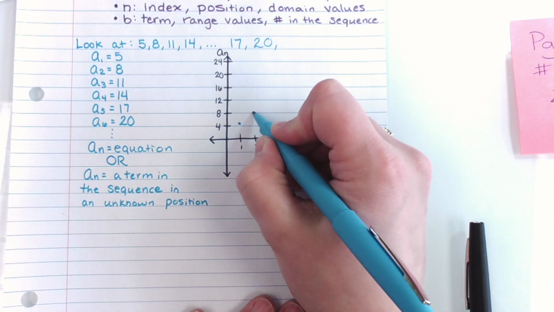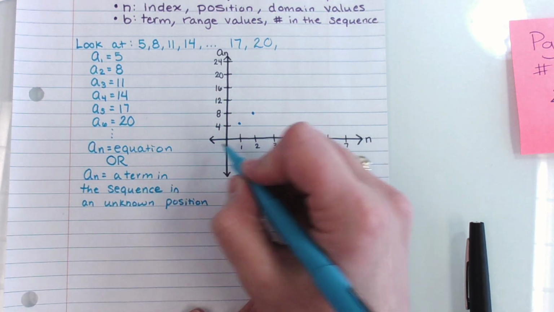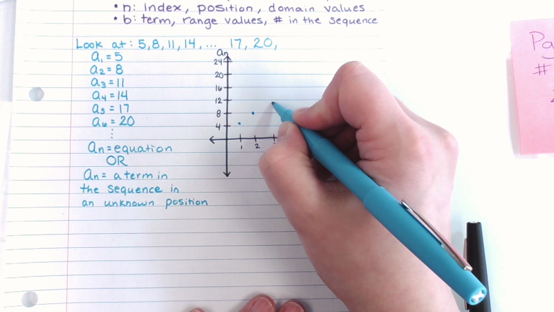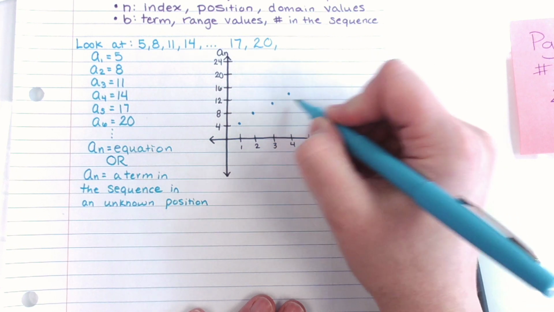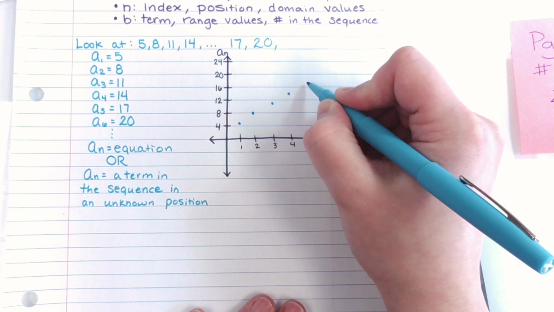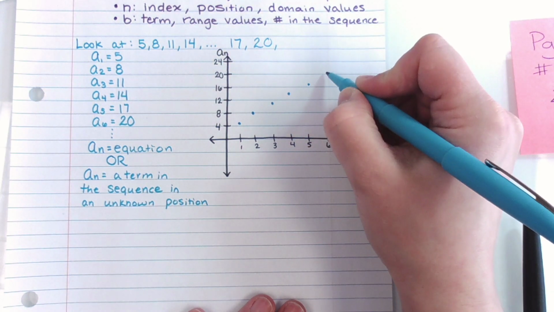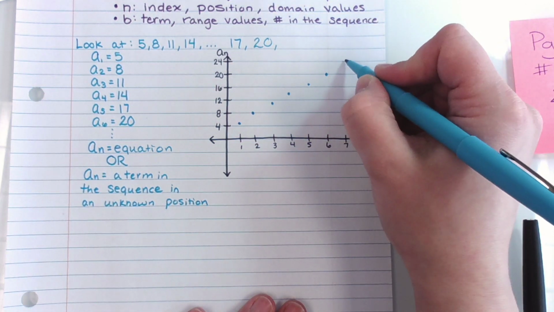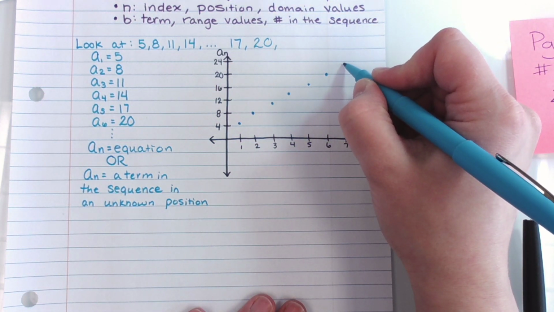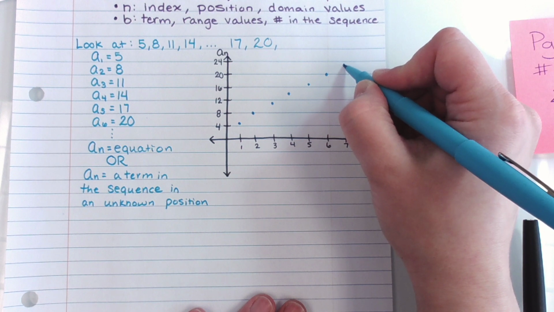Right 2, up to 8. A sub 3 is 11. A sub 4 is 14. A sub 5 is 17. A sub 6 is 20. Now I happen to have one more space, so I'm going to write my a sub 7 in there. I know it happens to be 23.